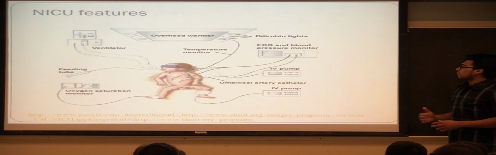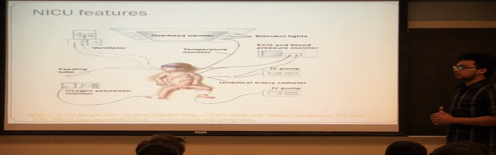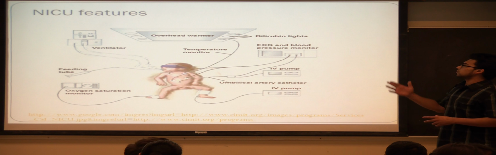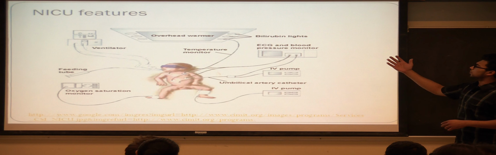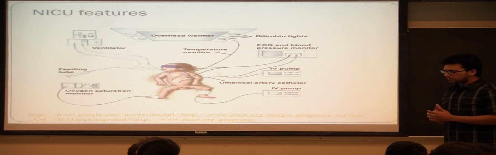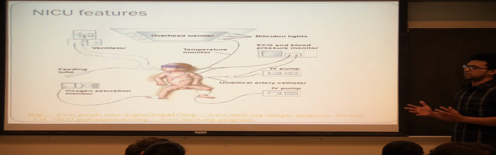There's also an artery catheter, which provides important fluids to the body, and there are bilirubin lights for phototherapy for kids who have jaundice.